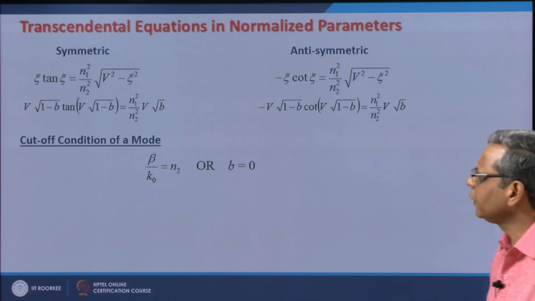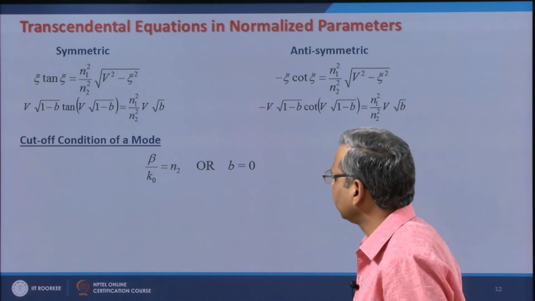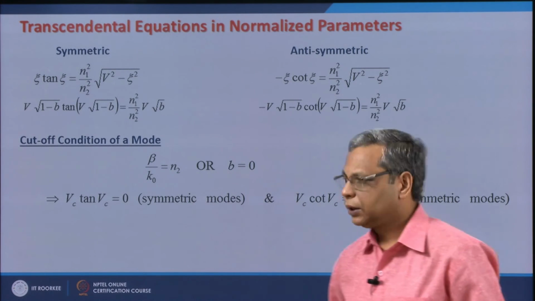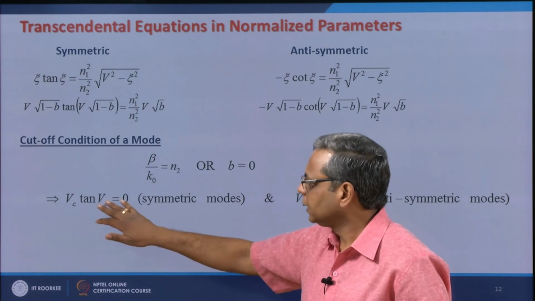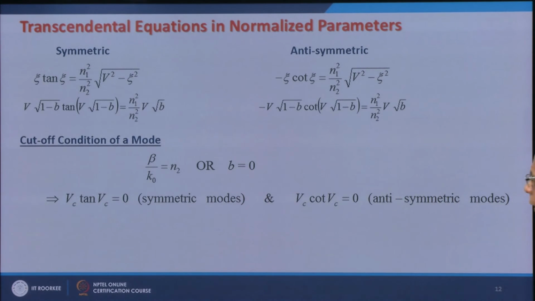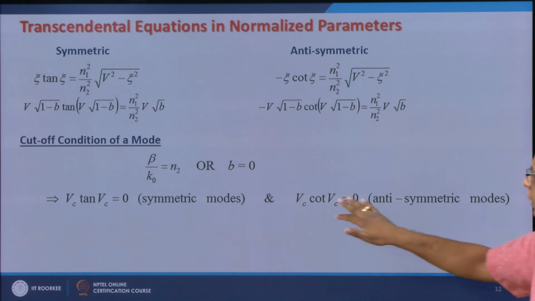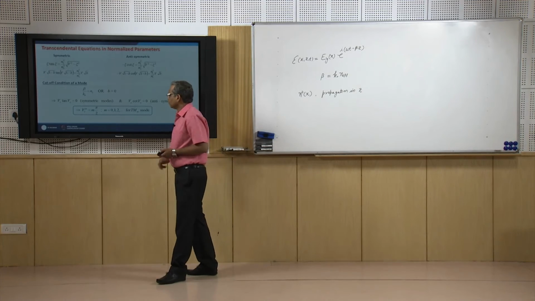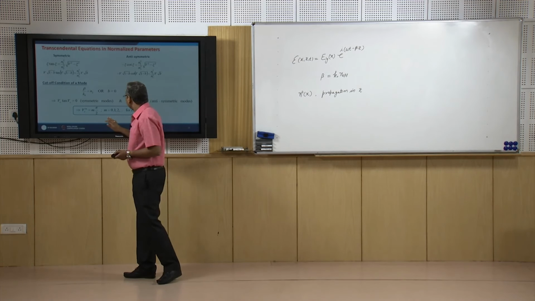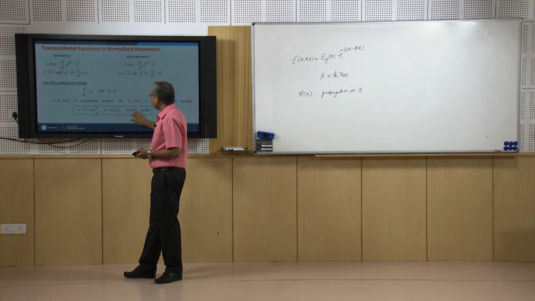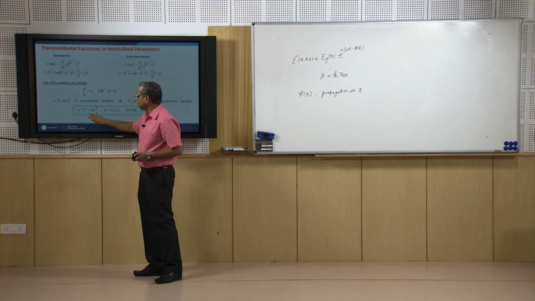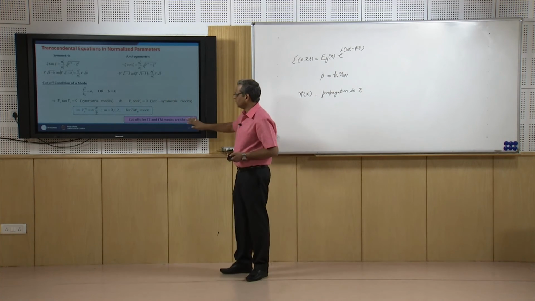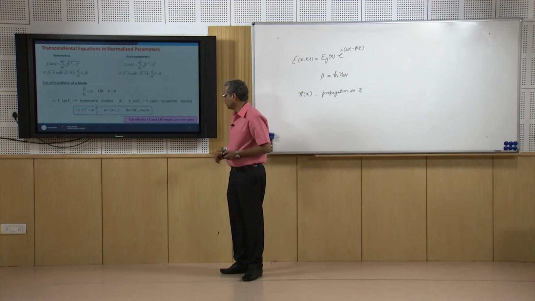So, it would not have any effect on the cutoffs. For symmetric modes, the cutoff condition remains Vc tan Vc is equal to 0, and for anti-symmetric modes it remains Vc cot Vc is equal to 0. So, in general I have the cutoffs for TM m modes as Vcm is equal to m pi by 2, which is the same as in the case of TE modes.